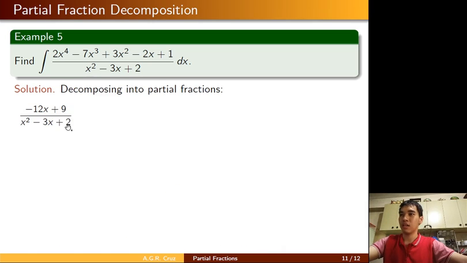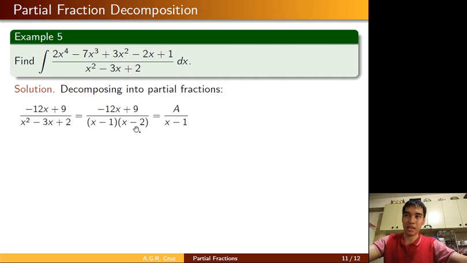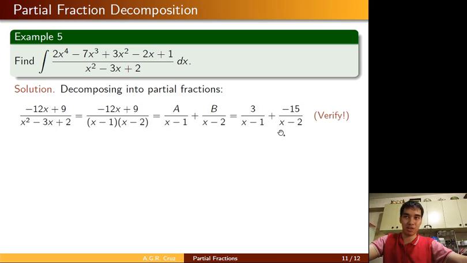Doing so, decompose this into partial fractions, the factorization of the denominator is x minus 1 times x minus 2, no? And then you get now for your partial fractions, A over x minus 1 plus B over x minus 2. And I will leave you to verify that the values of A and B that you will get are respectively 3 and negative 15. I want you to verify this on your own.